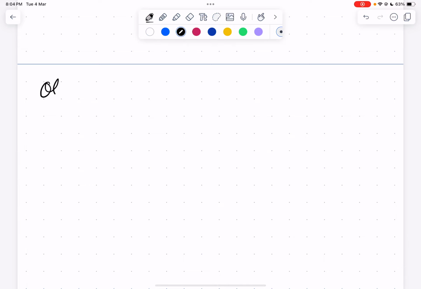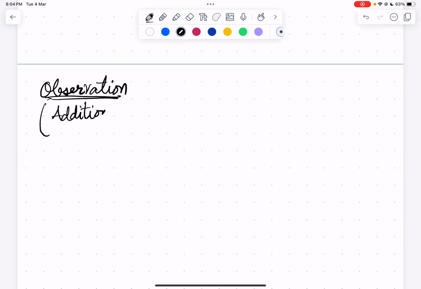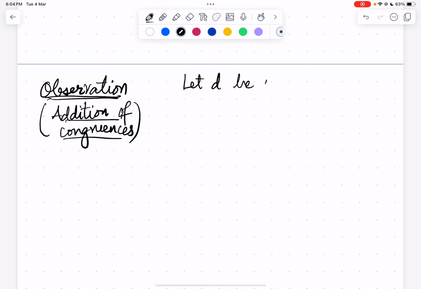We'll prove the second property. Observation: addition of congruences. Let D be a natural number.